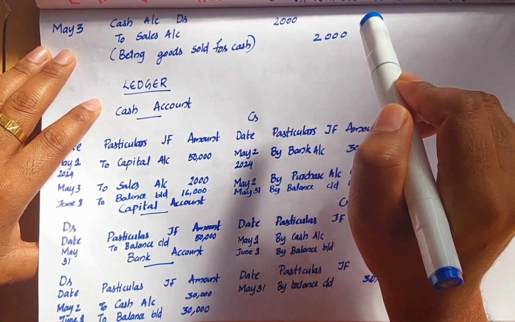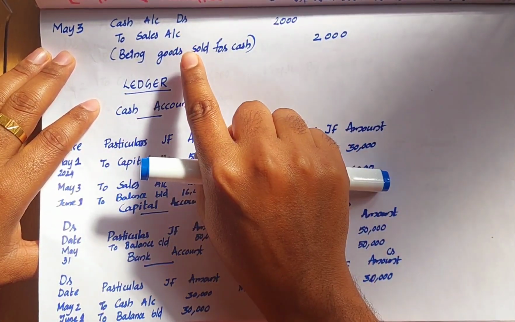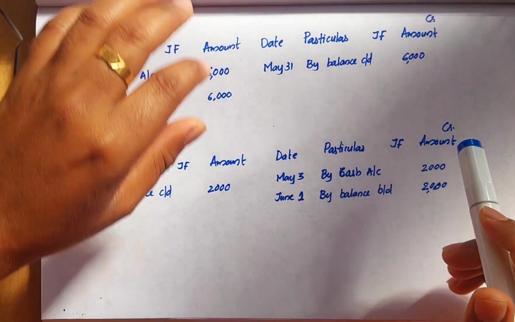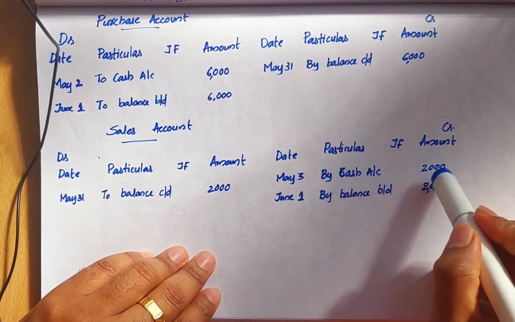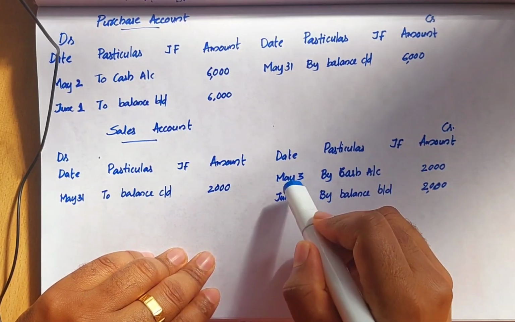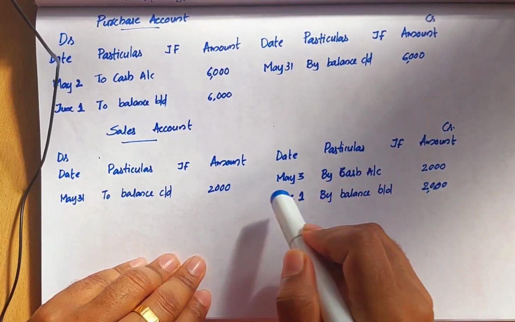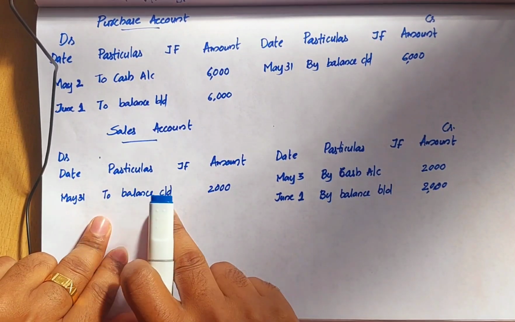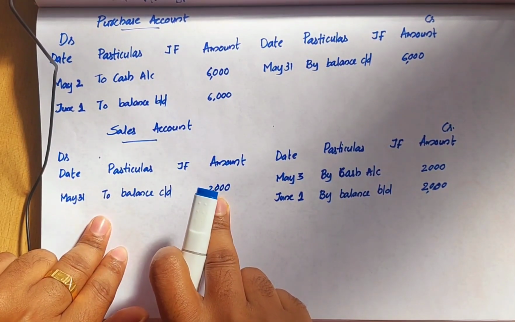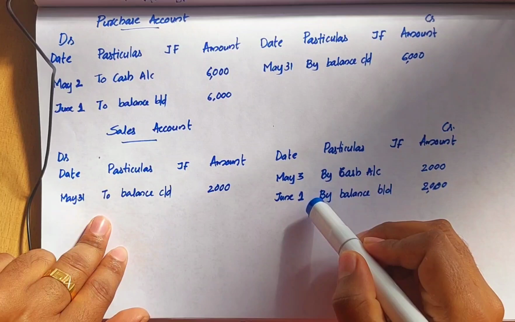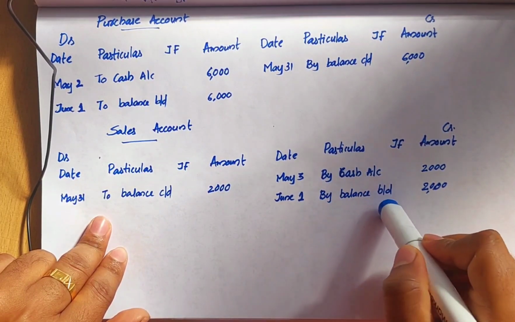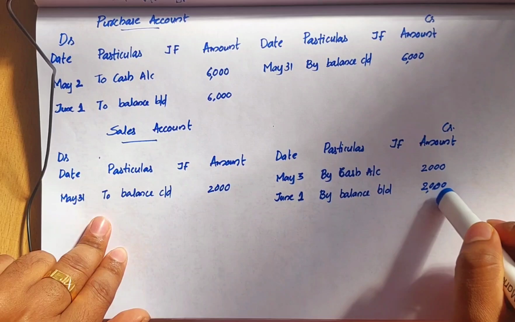So we need to go to the credit side of sales account, by cash account 2,000 on May 3rd. For balancing, on May 31st we will post an entry to balance carried down 2,000, and on June 1st we will have one more entry by balance brought down 2,000.